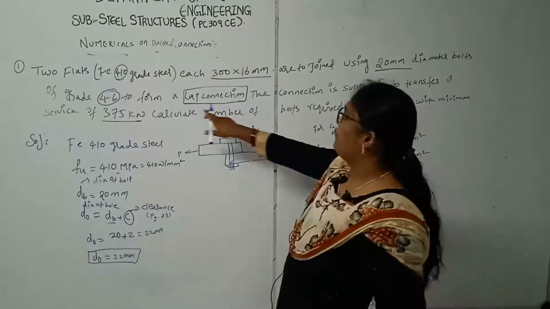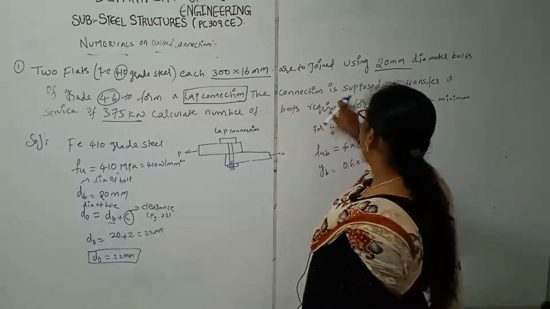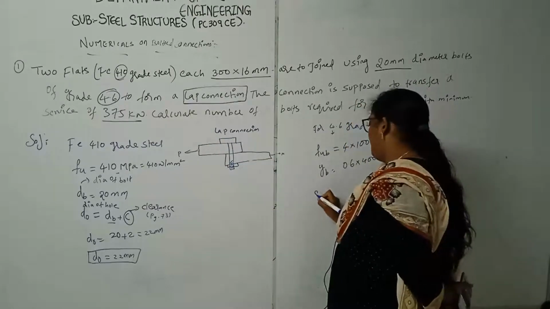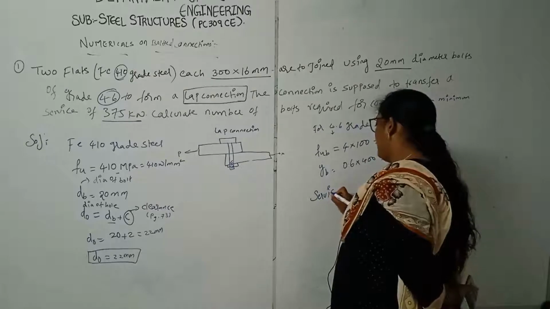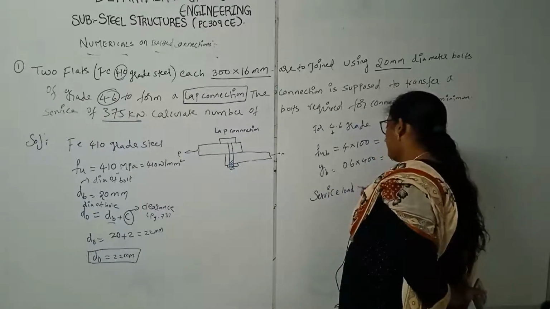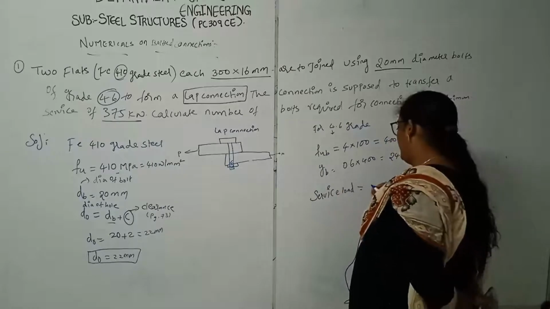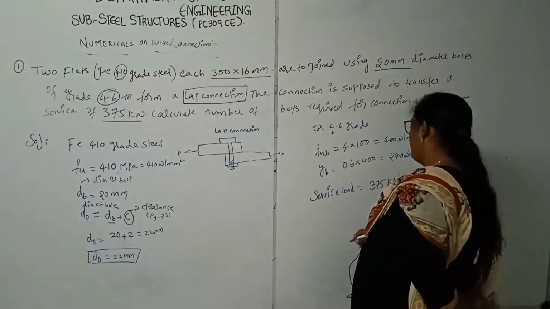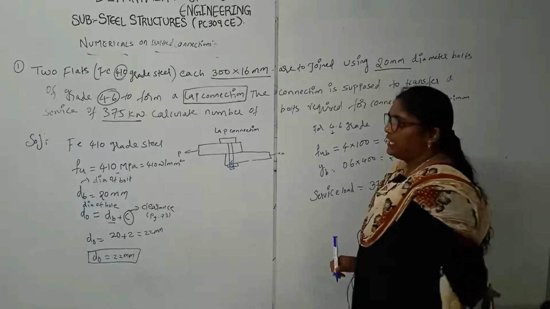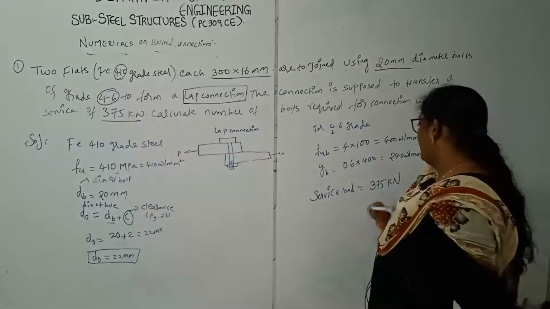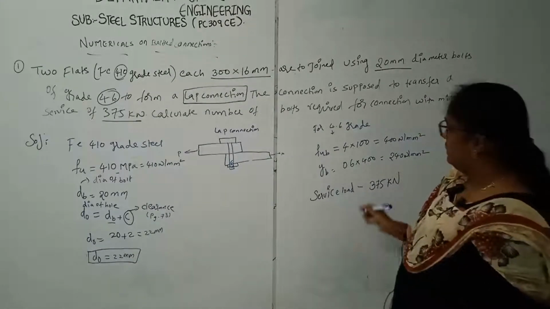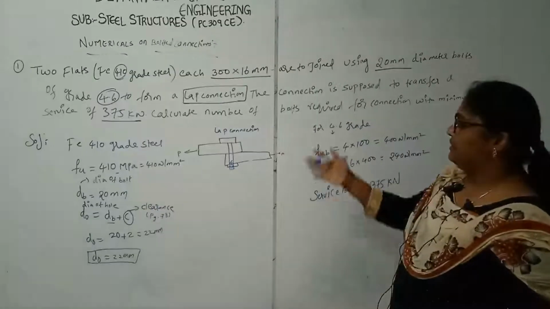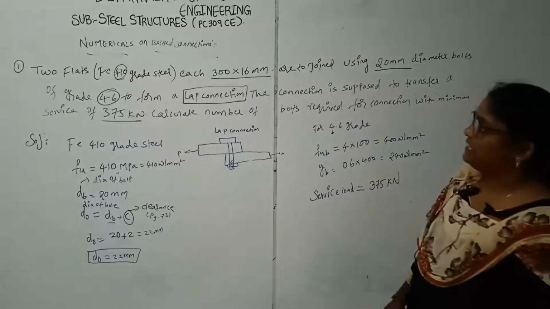So to form a lap connection, the connection is supposed to transfer a service load, that is the raw load given here, 375 kilonewton. Next we need to design the lap connection using all these terms.